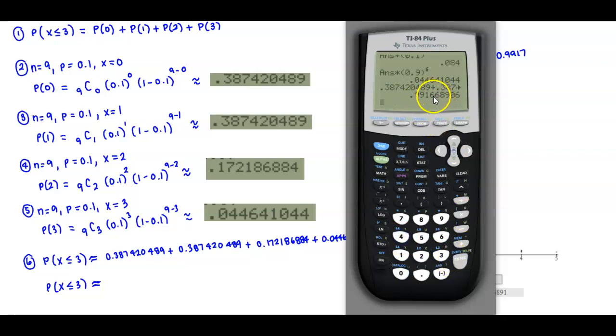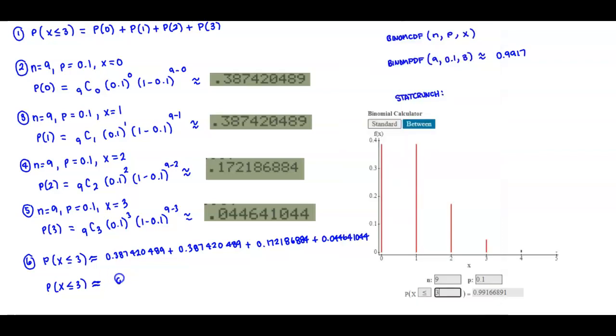Now you can see we can round up to get 0.9917. Okay, so again, I wanted to go through that so that you see why you may be a number off.